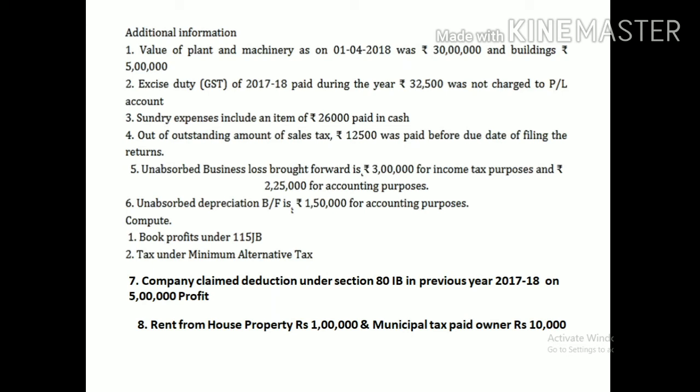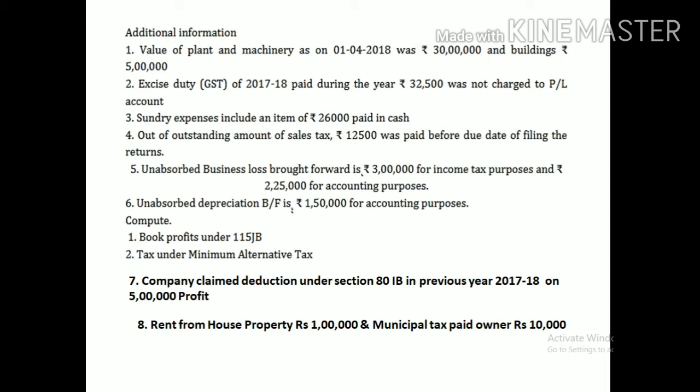Our company can claim deduction under section 80IB on the current year profit, because I think you know under section 80IA, 80IB, 80IC, 80IAB, if you claim the deduction, that should be for 10 consecutive years out of 15 assessment years.